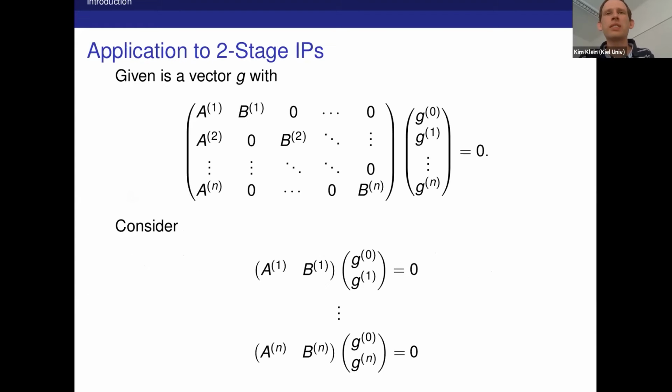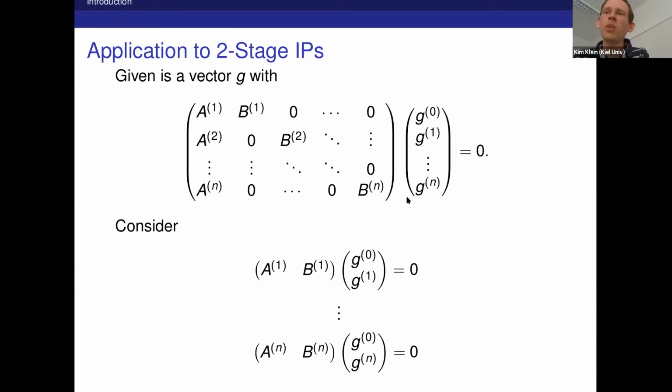So why does this lemma actually imply a bound for the Graver elements? I will try to give you some intuition. Suppose we have our vector G, our integral element in the kernel. If it's too large, we would like to decompose it. So we want to show that there exists a decomposition.